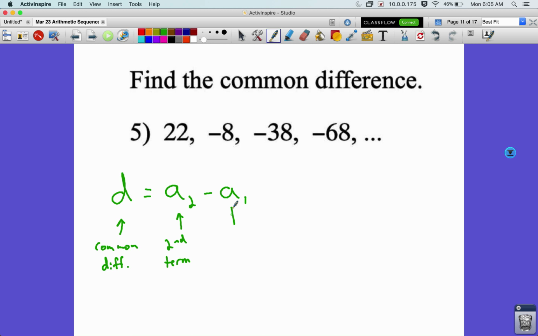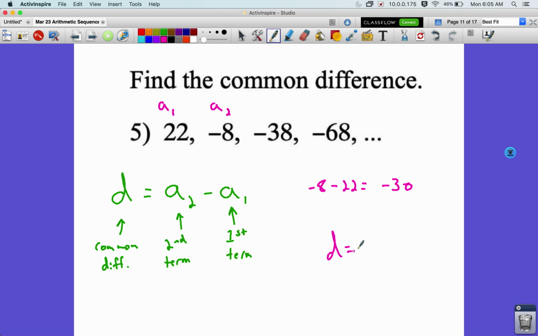We're going to be subtracting our first term. This is kind of helpful when the numbers are big or you're not sure if it's positive or negative. In this one here, a sub 1 would be 22, a sub 2 would be -8. It would be -8 minus 22 equals -30.